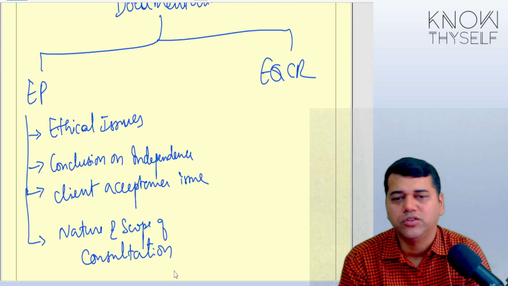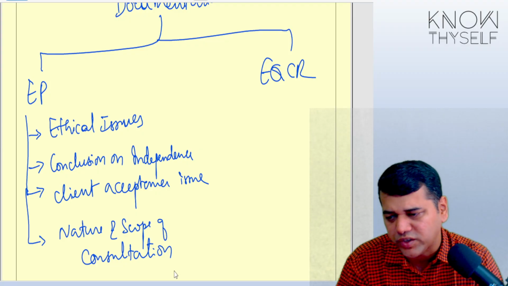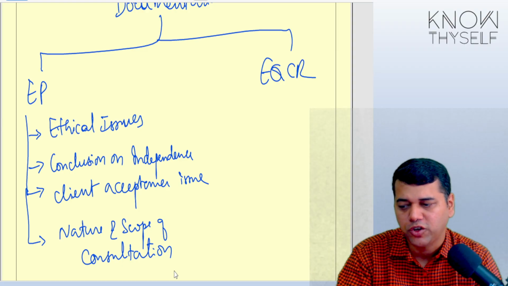That's it. Only 4 things you need to do. You can document more, your wish. But minimum 4 things have to be documented.